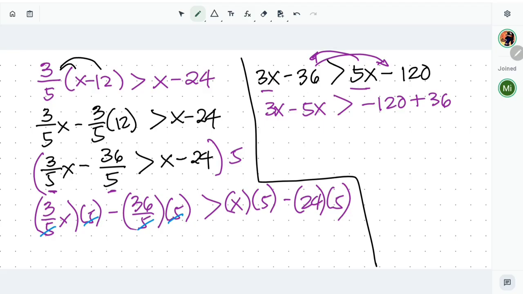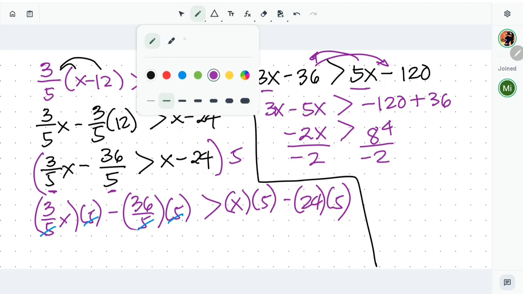Okay, and then we simplify. We got negative 2x because 3x minus 5x is negative 2x. Negative 120 plus 36 is negative 84. Then we divide both sides by negative 2.